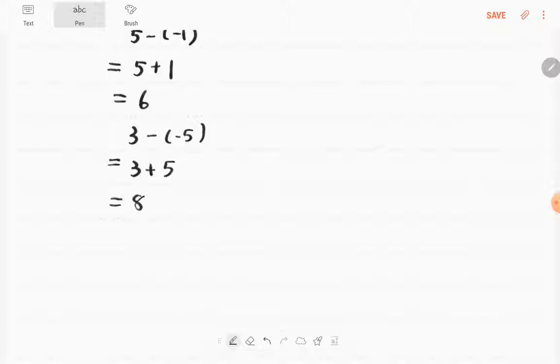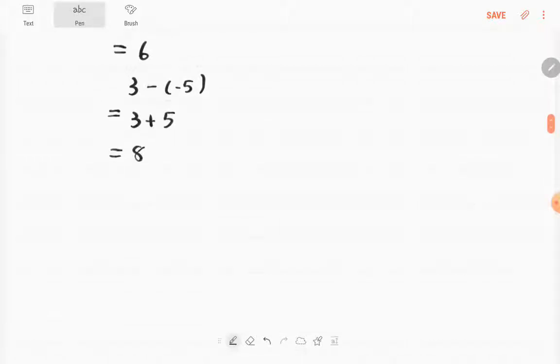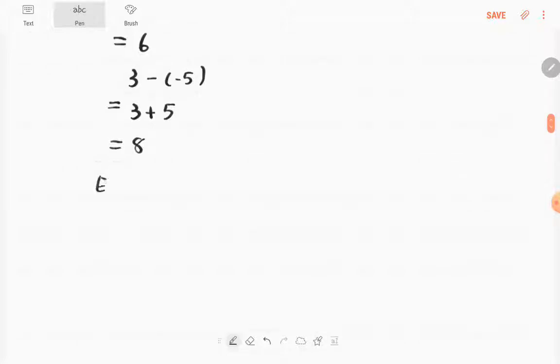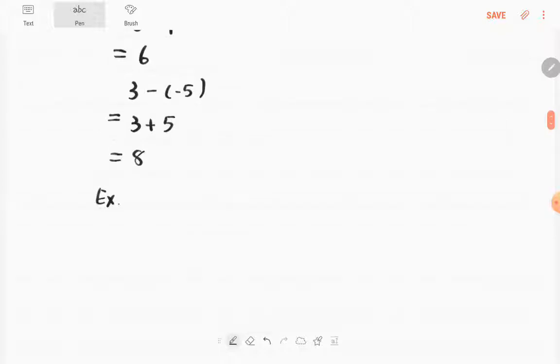Okay. So we can check how to translate the words into expression. First, we say subtract 8 from negative 4.